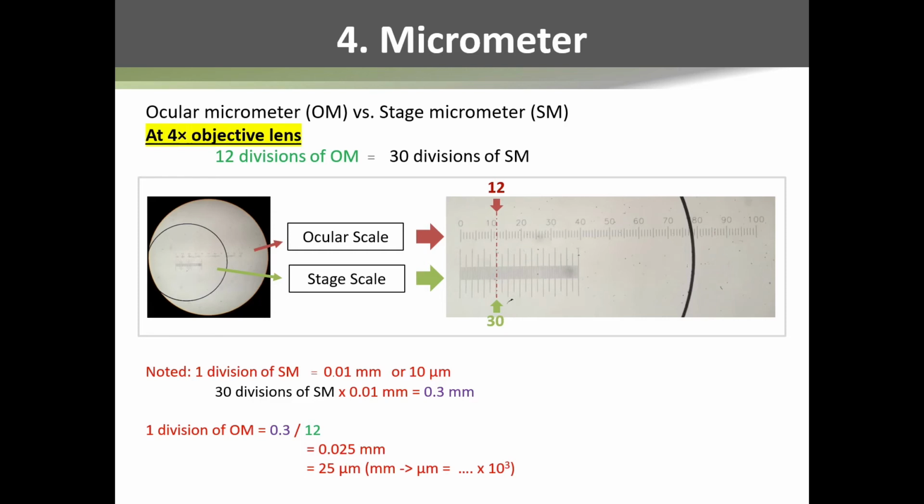The answer is 0.025 millimeter or 25 micrometers. Notice that the conversion from millimeter to micrometer is by multiplying the value by 1,000. If you cannot follow this step, don't worry. We will repeat again for the higher power objective lens.